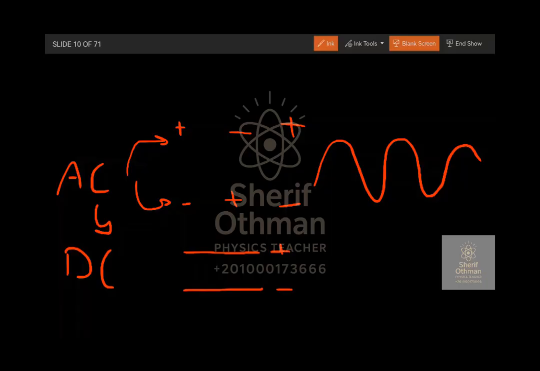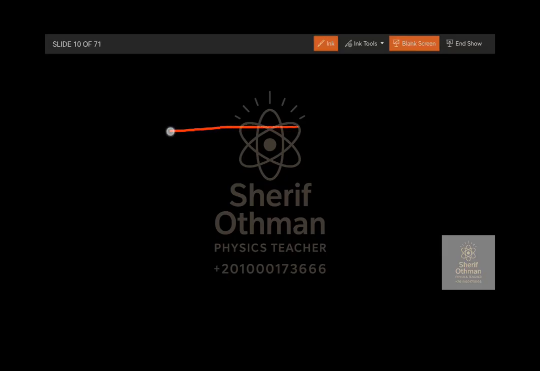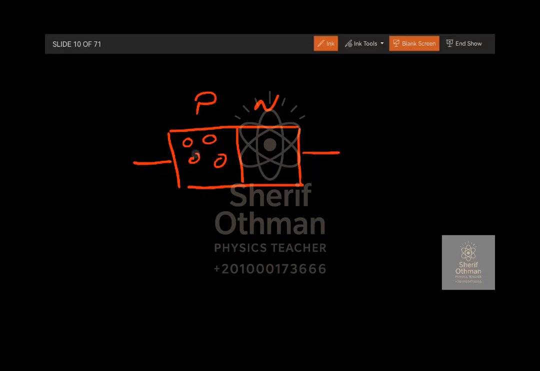So what is the meaning of forward current and reverse current? Let's say that here is the diode, that means a PN junction. The P side contains holes, while the N side contains electrons.